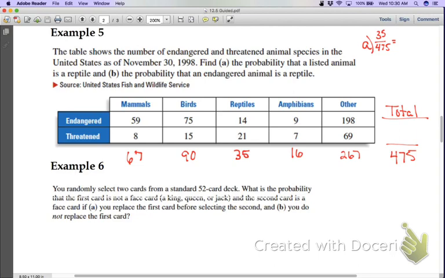So about 7 out of 95, which is about 7.4% chance of happening.